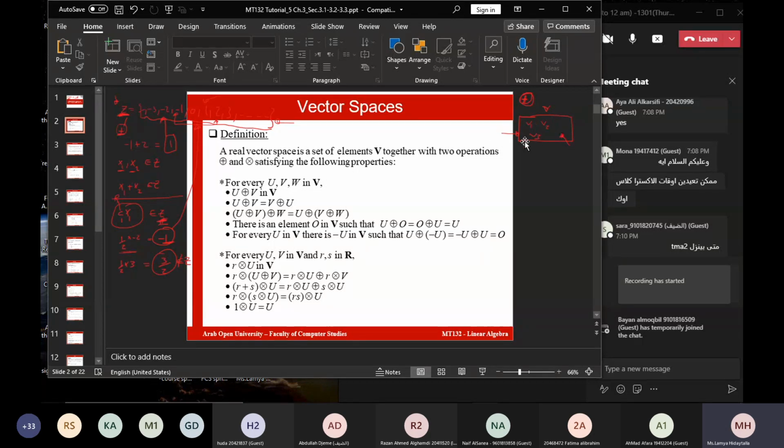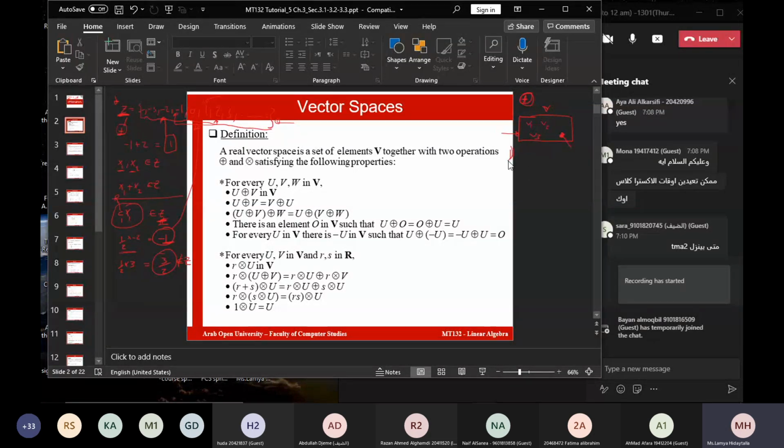For this set to be called a vector space, for the first operation, there are 5 things that should be satisfied. What are the 5? The first one is that it should be closed under addition.